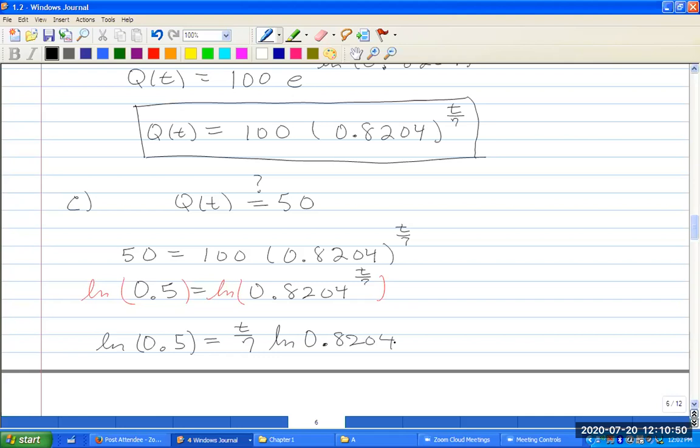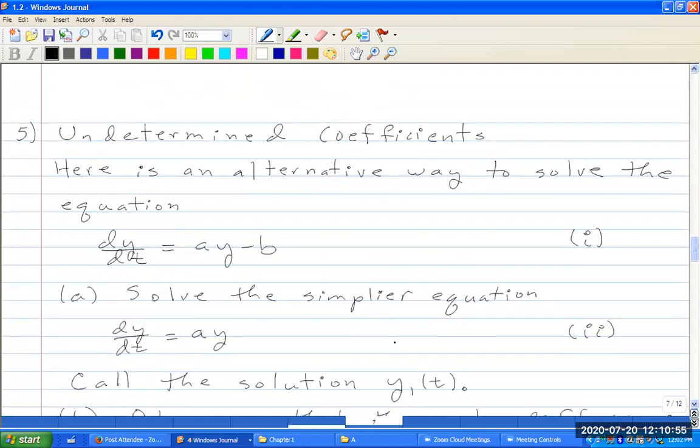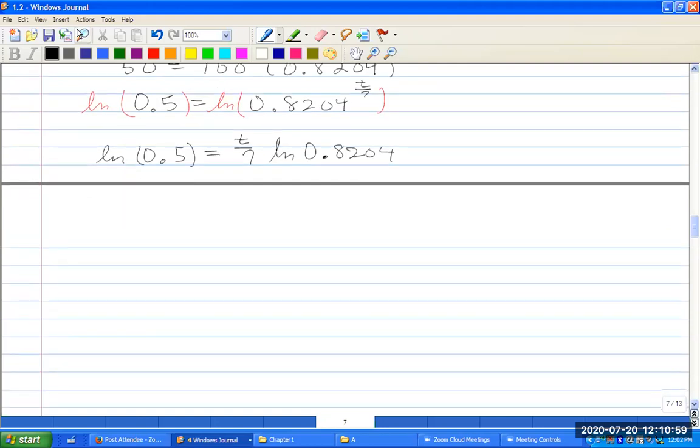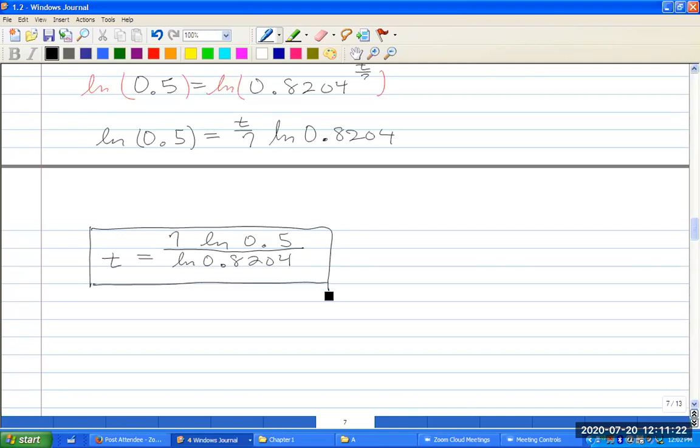So let's solve for t. I need another page. So I have here that t is equal to 7 ln 0.5 over ln 0.8204, and that is your answer.